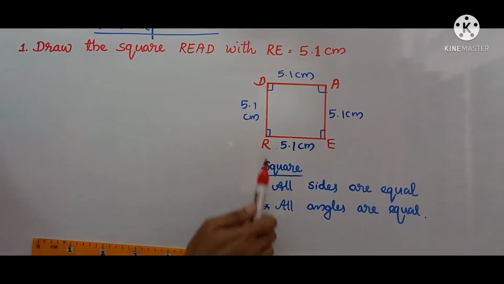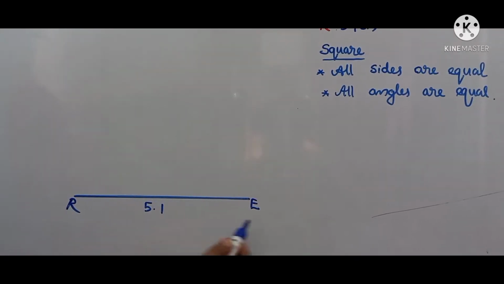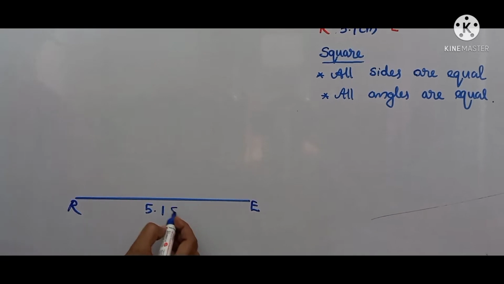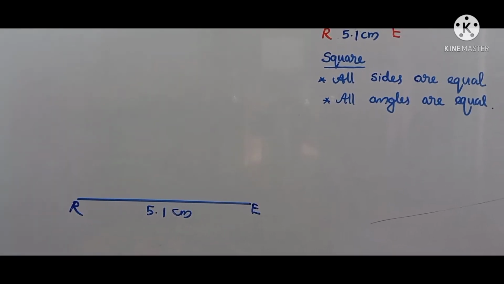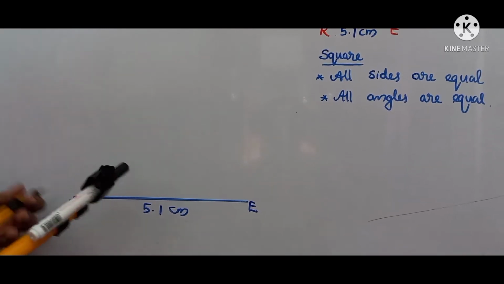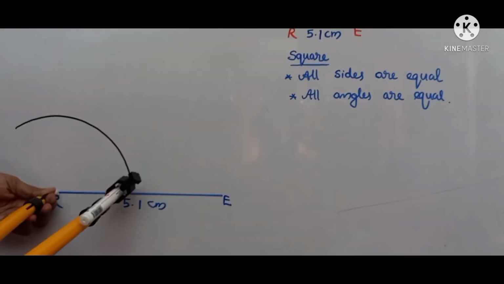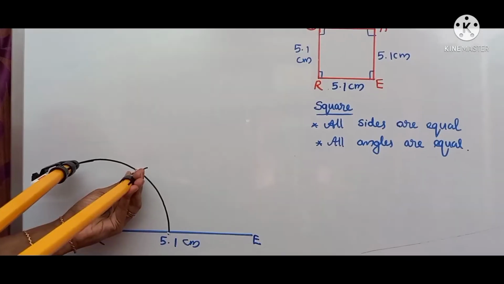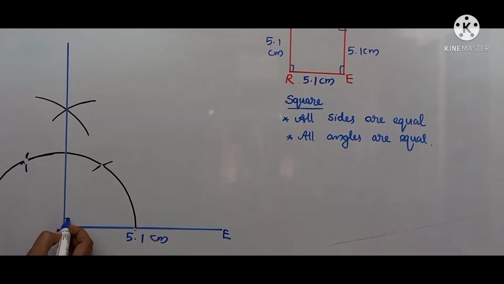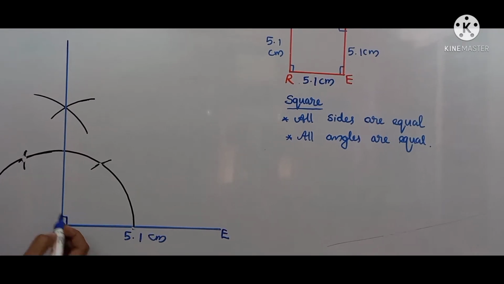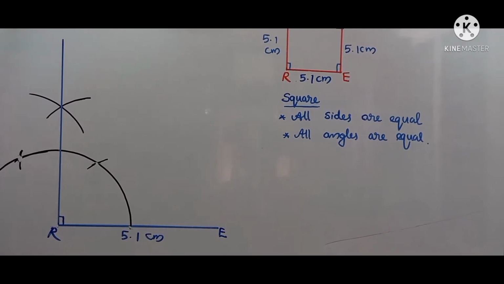First, we draw RE with 5.1 centimeter. Then we have to construct angle R 90 degrees here. Here, angle R is 90 degrees. We have constructed it by using the compass.